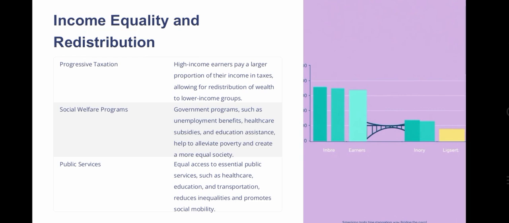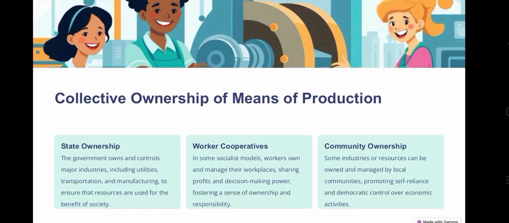Equal access to essential public services such as healthcare, education, and transportation reduces inequalities and promotes social mobility. There are lots of public services, and every time a government in a socialistic economy is helpful and active in giving lots of services to the public or its citizens.